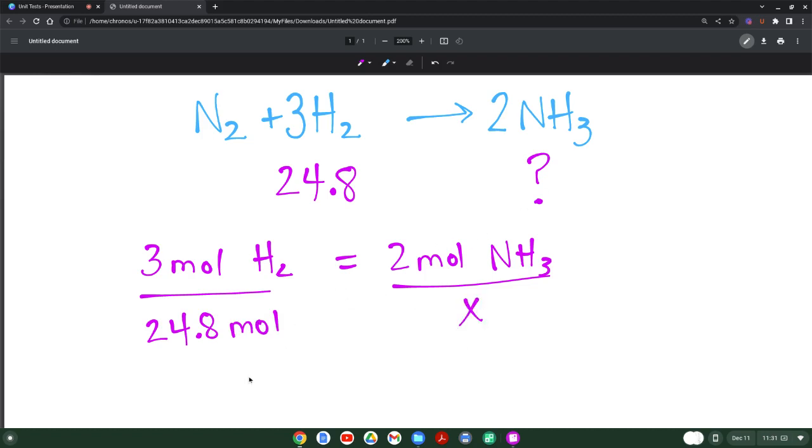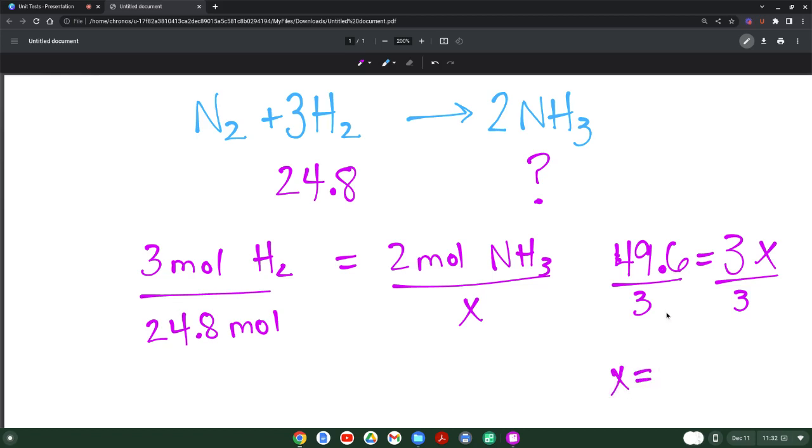So again, I'm just going to cross multiply and solve for x. In this case, I would get 49.6 is equal to 3x. Divide by 3 on both sides to get x by itself. And x turns out to be 16.5 moles of the NH3.